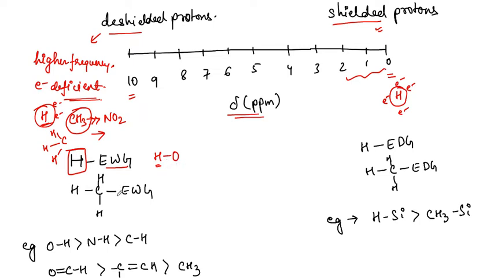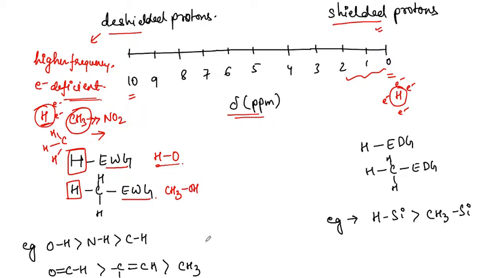And if it is connected to a carbon which is connected to an electron withdrawing group, then the value is going to be lesser. For example CH3OH, or CH3CH2OH and so on. The value is going to be lesser as compared to this one.